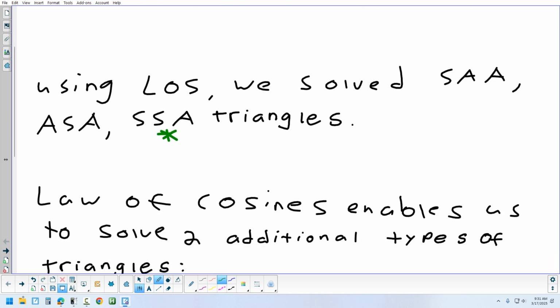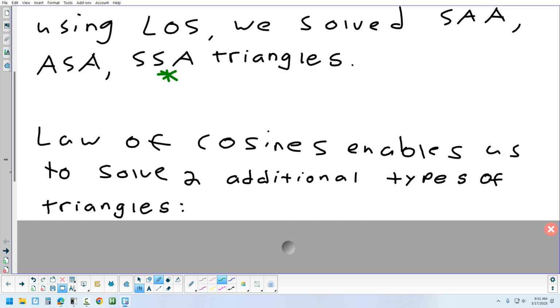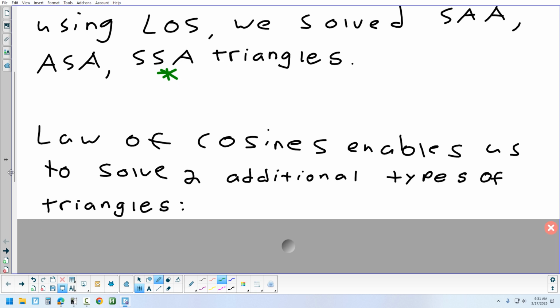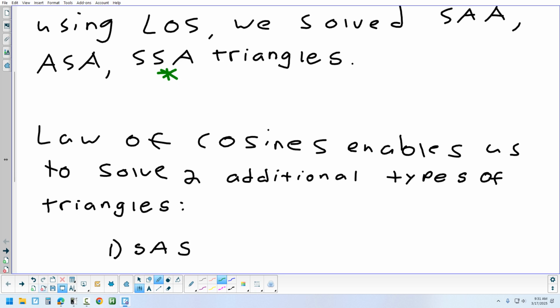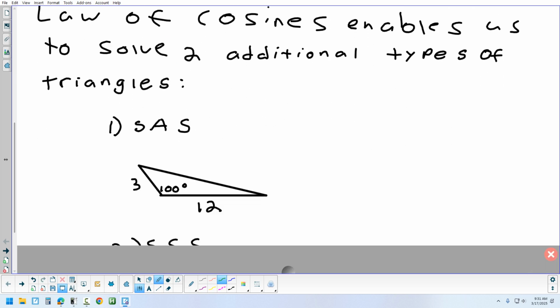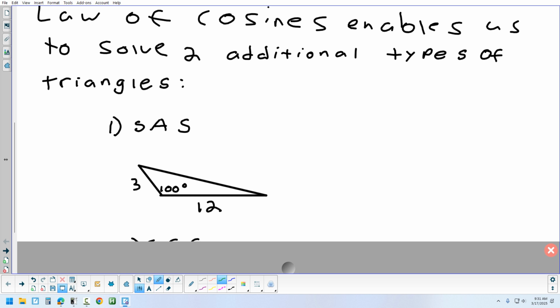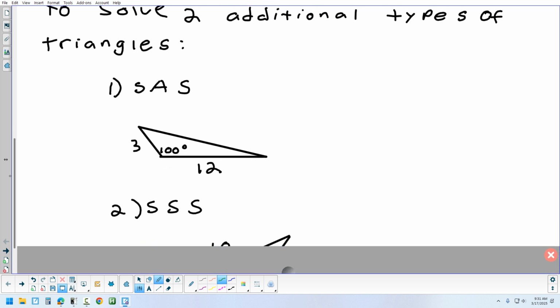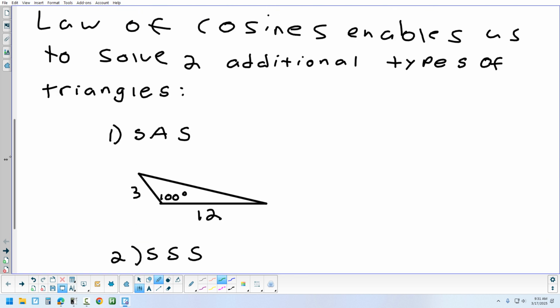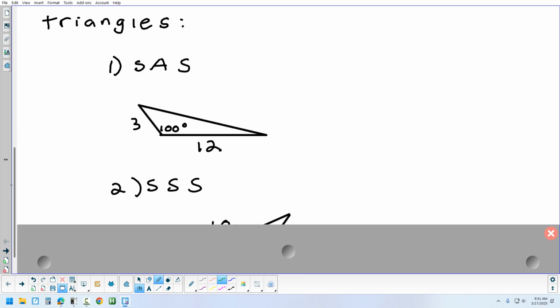The other 2 types that we can solve, which we already made a table for earlier, are side angle side, which looks something like that, and side side side. So law of cosines allows us to solve these 2 types.